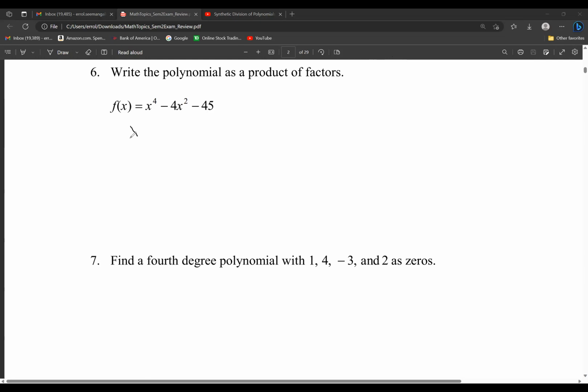All we're going to do is rewrite this and equate it to 0. Minus 45 equals 0. Okay. How can we solve this for x?